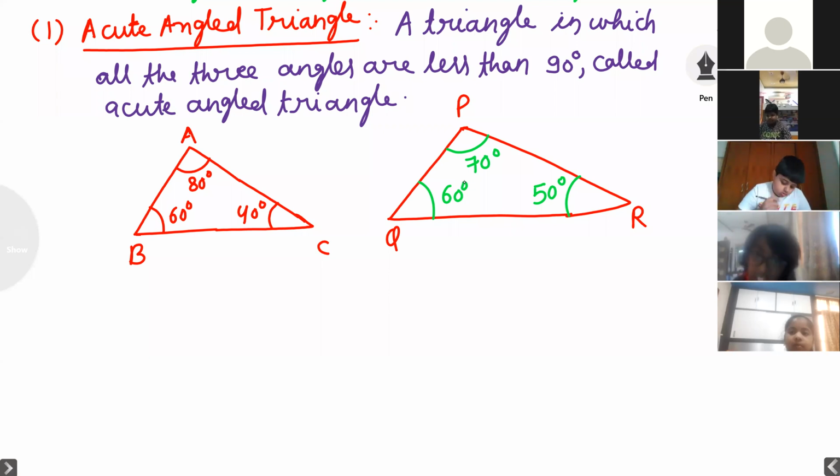Yes. If all the three angles are less than 90°, that is called acute angled triangle. Yeah, acute triangle.